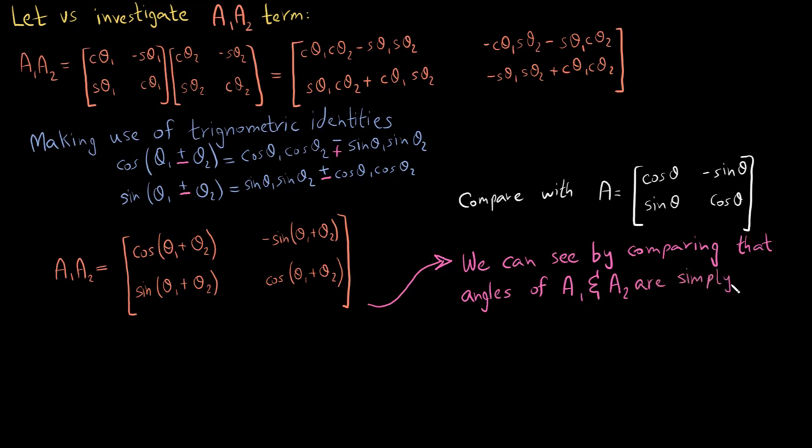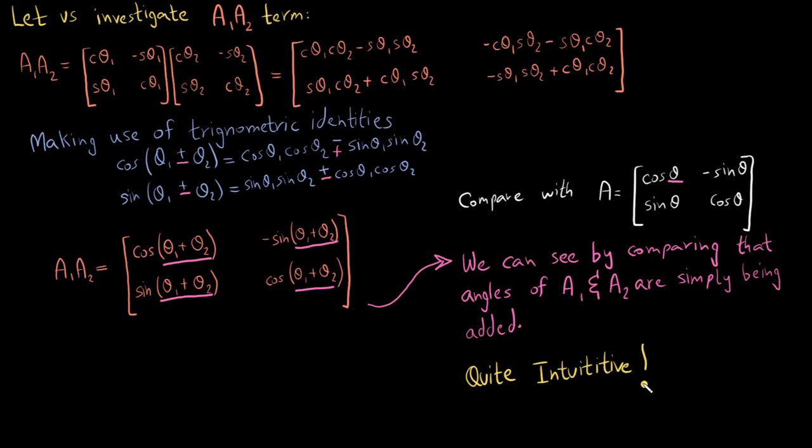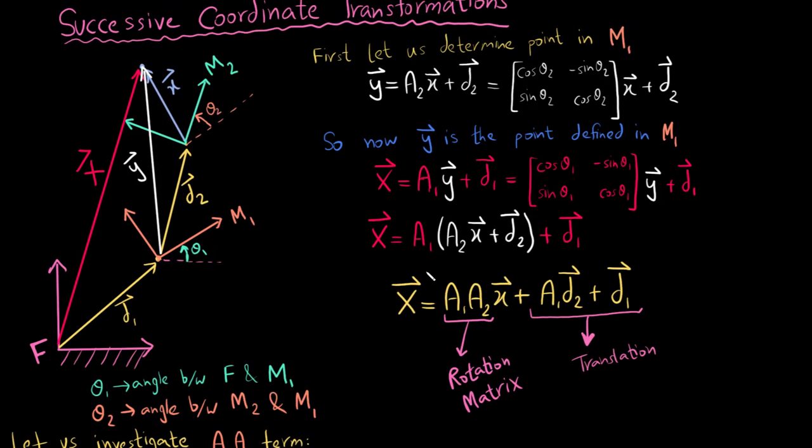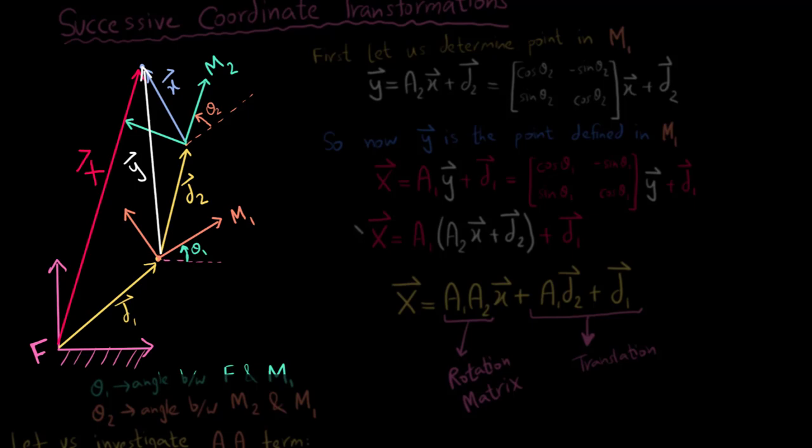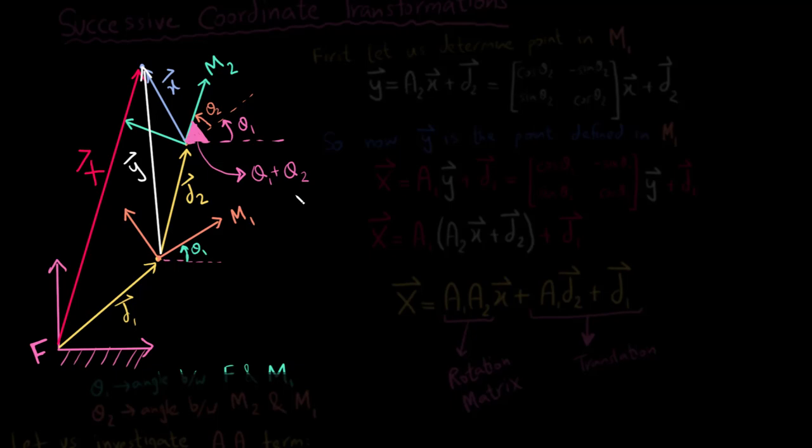So the angles of A1 and A2 are simply being added together, which is quite intuitive, right? Let me go up, and here from this figure we can see that the frame M2 is simply rotated with respect to the fixed frame by an angle which is the sum of theta 1 and theta 2.